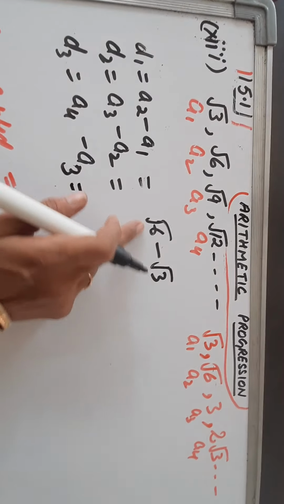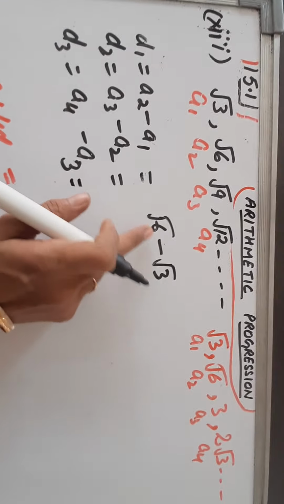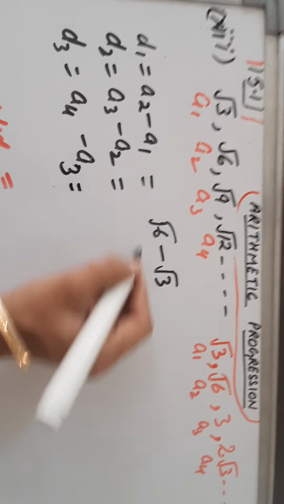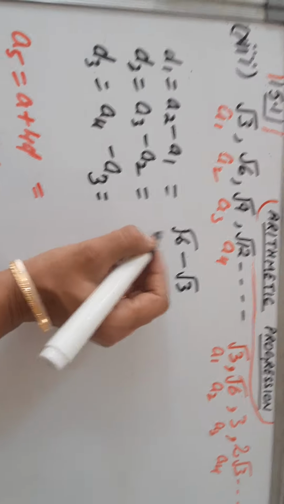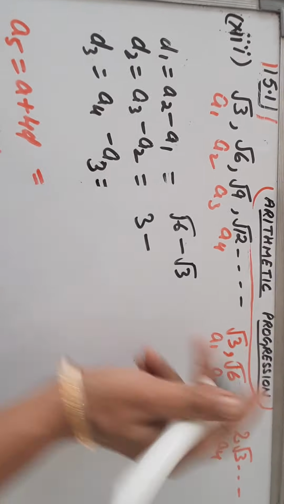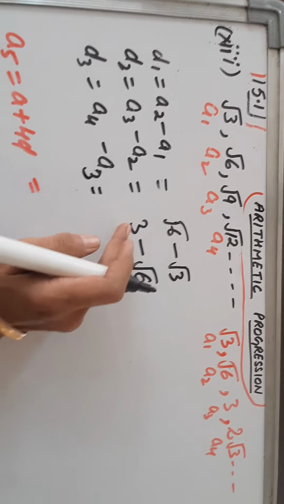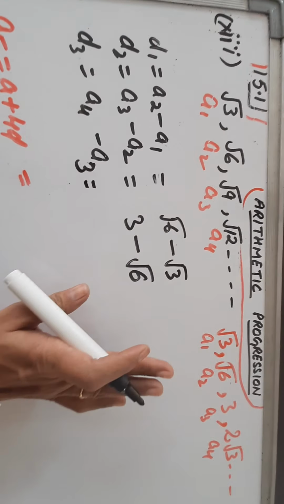Both the square roots are not similar, so we can't say these are like terms, these are unlike terms. We can't subtract them. The difference will remain as it is. We can't solve it further. Now A3 is 3 minus A2 is root 6. Again, as you can see, this is a square root term and this is a whole number. We can't combine them. It will remain as it is.